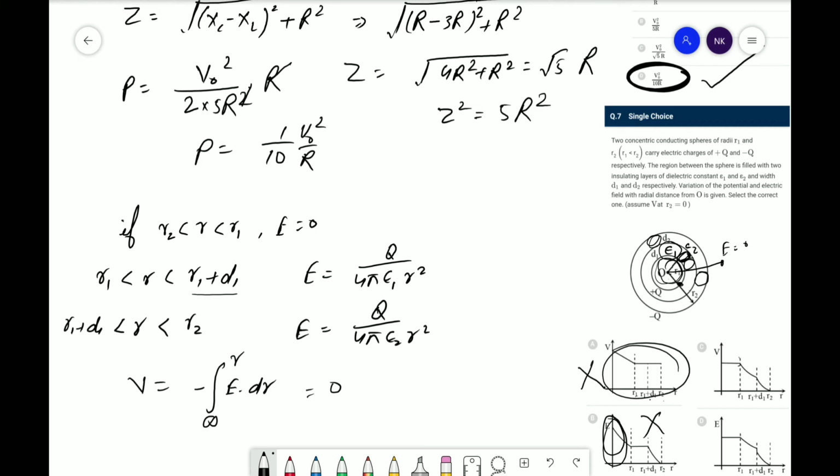If we reach r1 plus d1, the electric potential will decrease. At r2, at this position, V is 0. Therefore this option is correct. Option D is also wrong. So option C is correct.